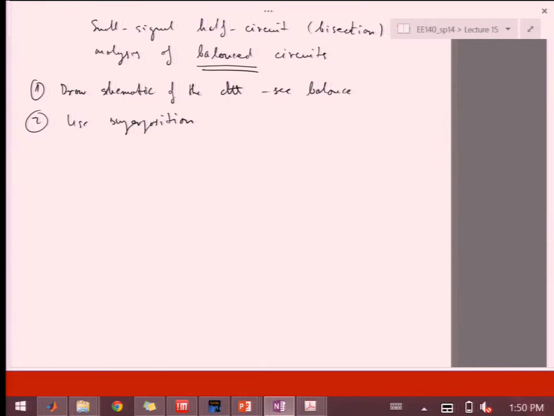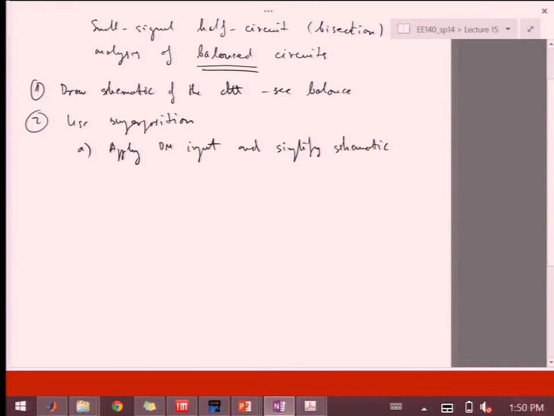In this superposition, in A we apply the differential mode input and simplify the schematic.